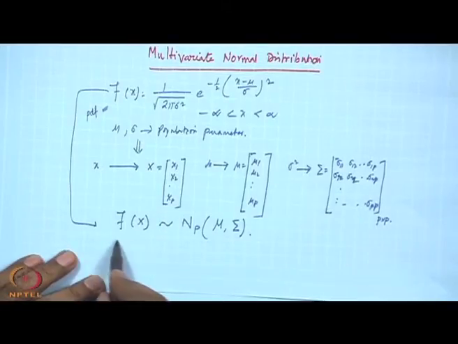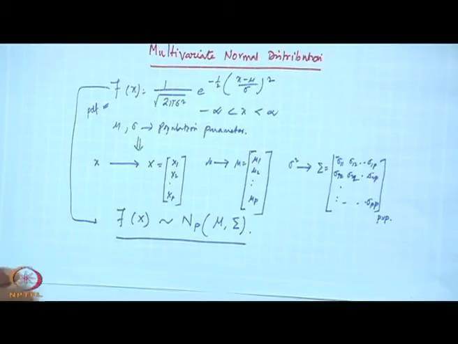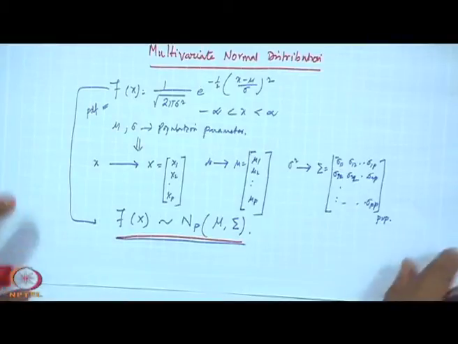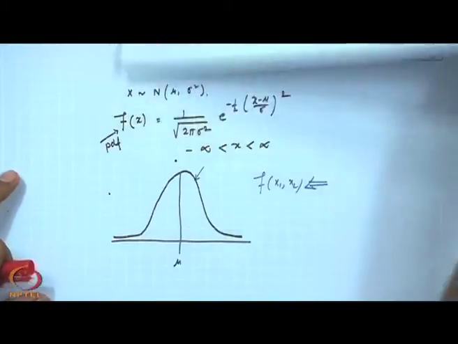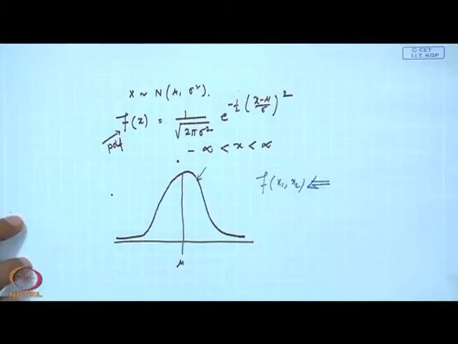Now, as I told you, our objective of the first part of today's lecture is we want to develop this. This is our objective. So, in order to do so, we will follow a systematic but simple path.